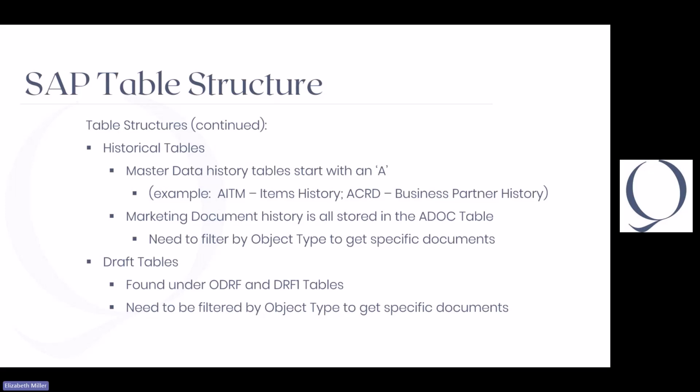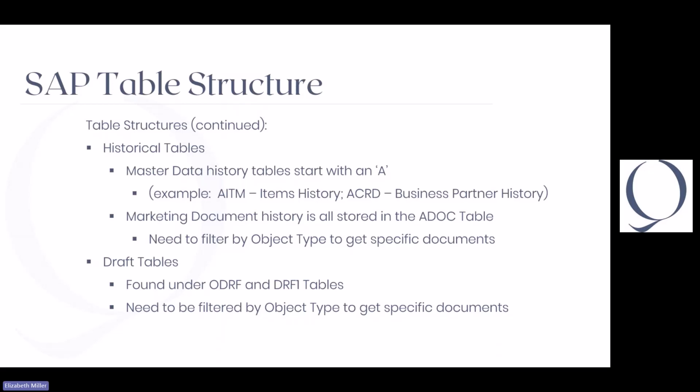So every single document in SAP has an object type that is a number that is assigned to it that makes it unique. For instance, sales orders are, I believe, 17, and AR invoices are number 13 for their object type. So within this ADOC table, if you were querying and you wanted that specific to sales order historical data only, you would need to filter by that object type number, which would be 17.